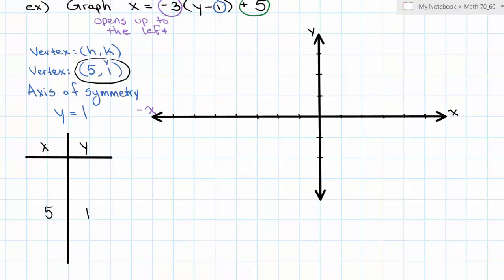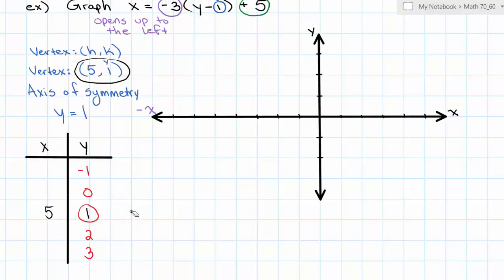And then based off of this y value, I'm going to choose 2 values that are smaller than this and then 2 values that are larger than this. So 2 values that are smaller than 1 would be 0, -1, and then 2 larger values would be 2, 3.